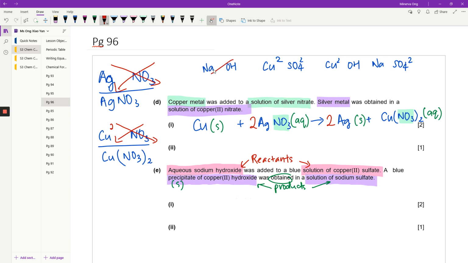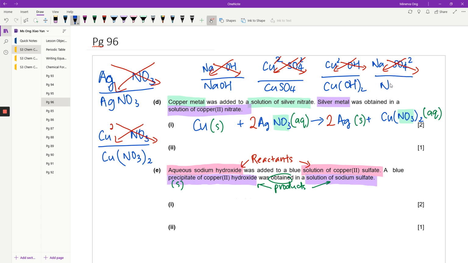So in one shot, I do all the formulas. Same numbers I cancel out. So this will work out to be NaOH. This will work out to be this formula. Don't forget the bracket. And then you're done.